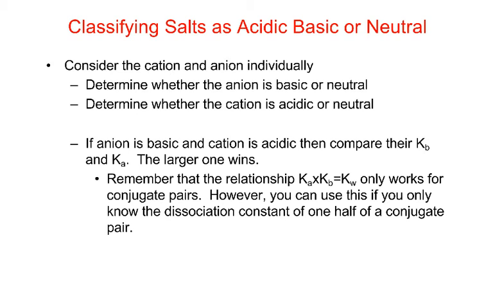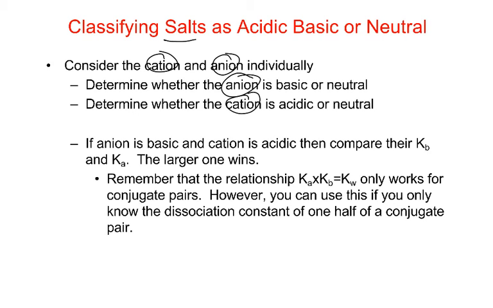All right, so to this point we've just been looking at individual ions, but we can do the same thing for a whole salt. I just want to consider the cation and anion individually. And so I'll break the salt up into its component ions, and I'll look at the anion and decide whether the anion is basic or neutral. And I'll look at the cation and determine whether it's acidic or neutral.